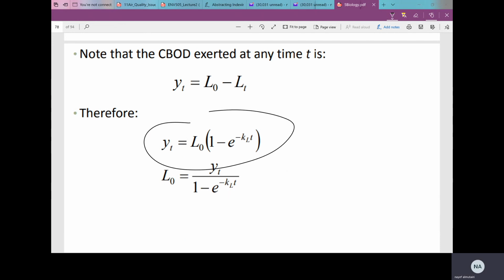I don't know why the book makes it YT. So I'll just call it BODT, which is equal to L naught, the ultimate BOD, times 1 minus e to the minus KT. If that is BOD5, then T would be 5.